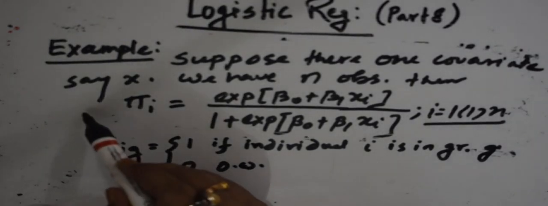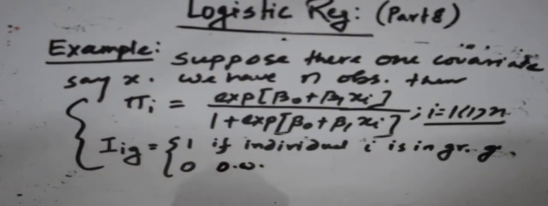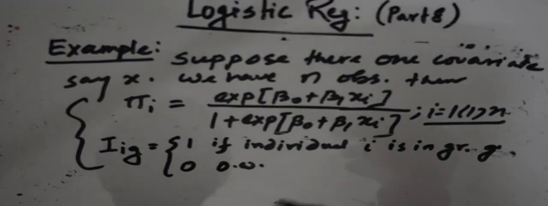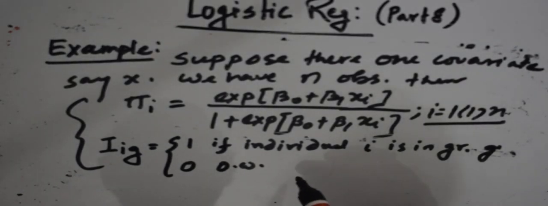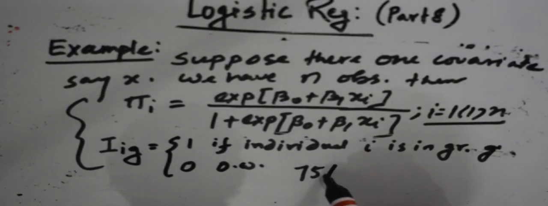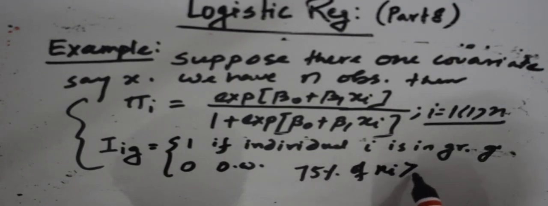Then we see that if we do this, the thumb rule, 75% of Ni should be greater than or equal to 10, is satisfied.